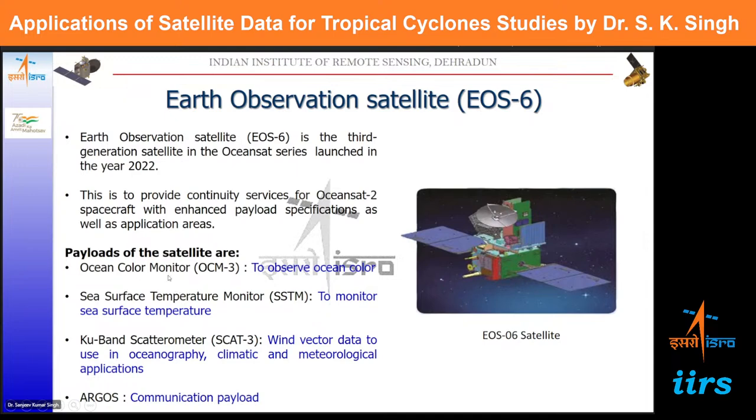One is ocean color monitoring, to observe the ocean color and other parameters of the ocean. There is the SSTM, sea surface temperature monitoring, to monitor the sea surface temperature of the ocean. A Ku band scatterometer is also there, because the SCATSat life cycle is now over, so it is the continuity of that one.